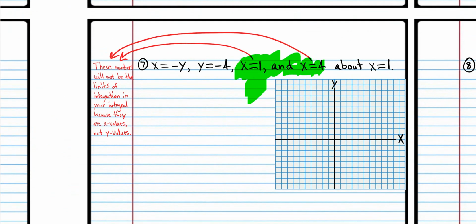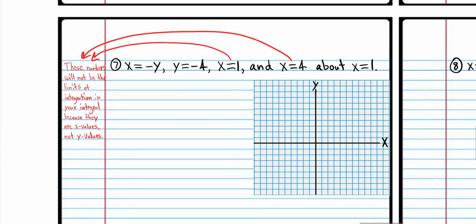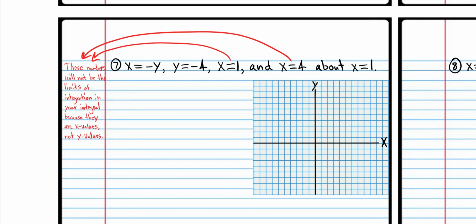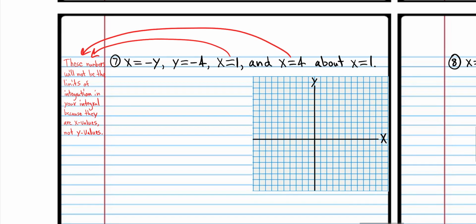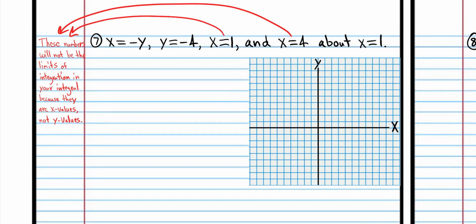Remember, the limits have to be y values, so please don't make that mistake. So what are the y values? Well, you're not going to know until you graph. So you're going to have to graph this. So try number 7, graph everything, and then you're going to rotate the enclosed area about the line x equals 1. When you come back, we'll do it together.